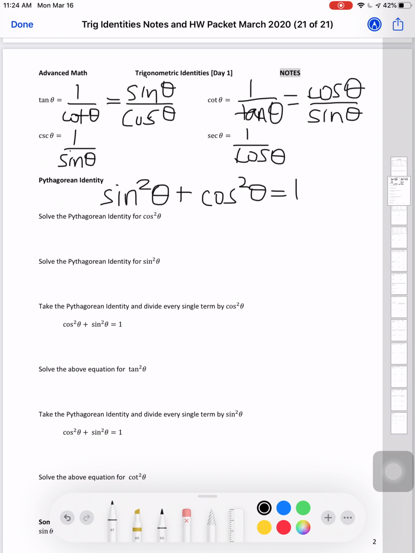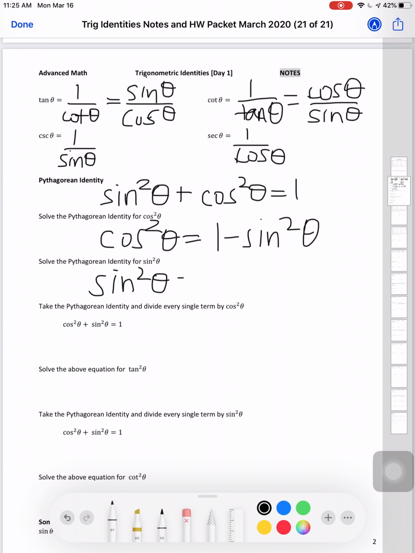If we solve this for the cosine, we are basically subtracting the sine from each side. So the cosine squared will equal 1 minus the sine squared. If we solve it for the sine squared, then we would be subtracting the cosine from each side. So that will be sine squared equals 1 minus cosine squared.